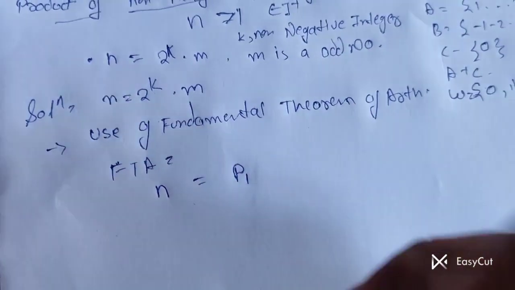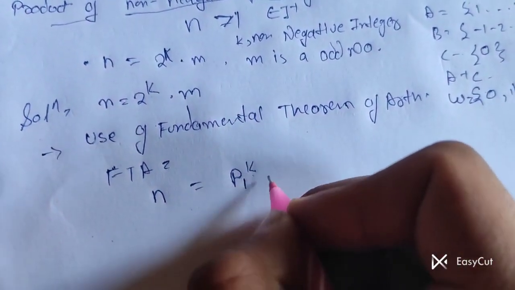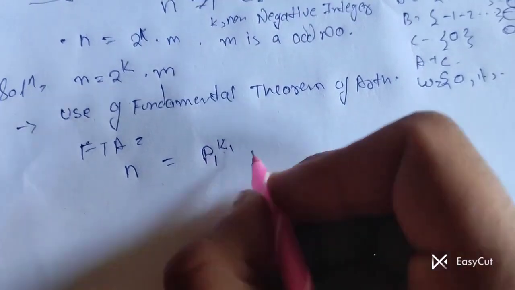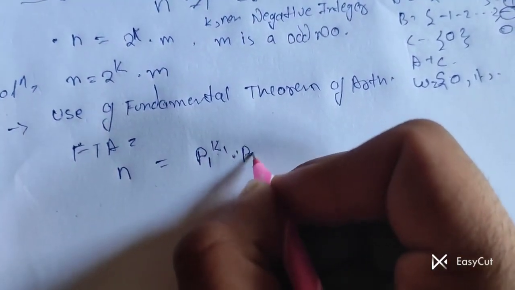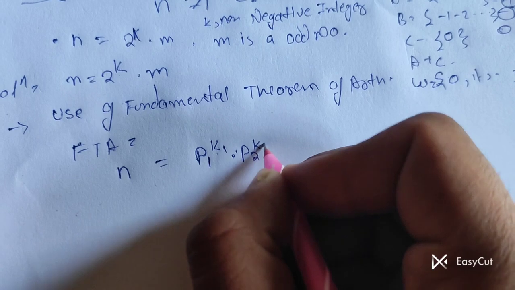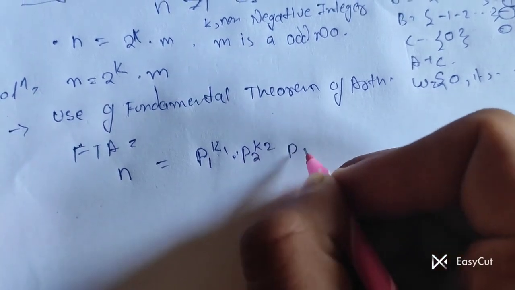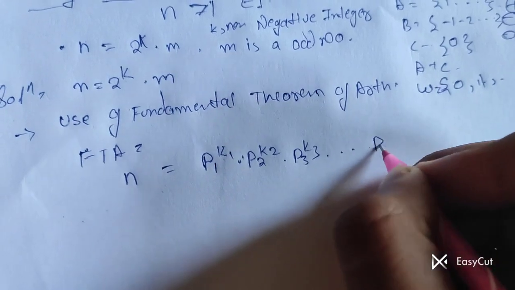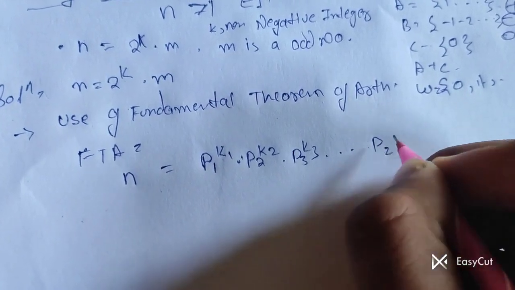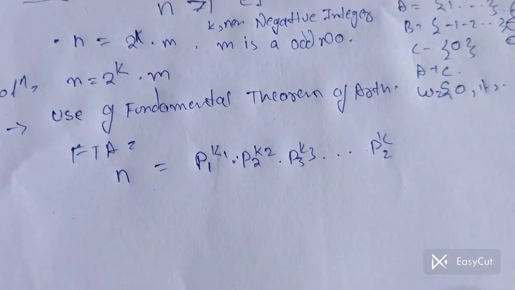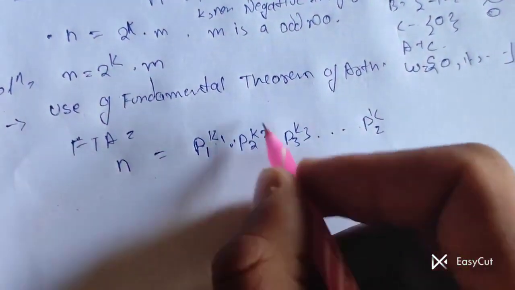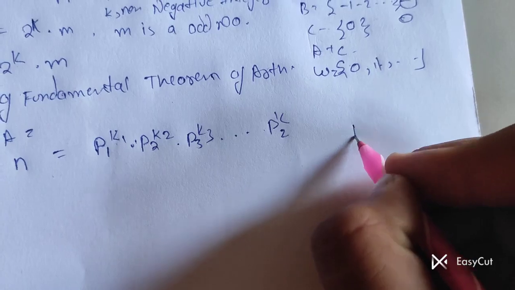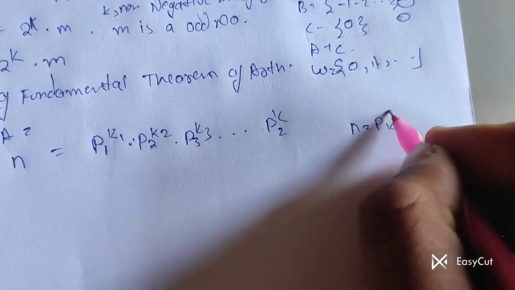p1, a prime factor, to the power of some k, say k1, times p2 to the power k2, and p3 to the power k3, and up to pz to the power kz. What I am saying is, for example, we say n is the power of p to the power k.